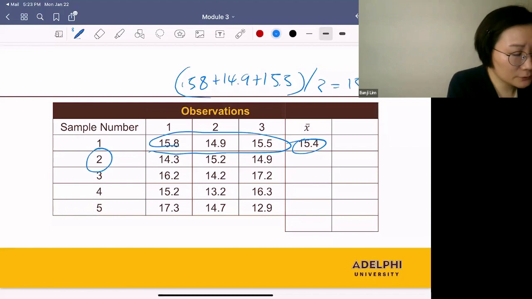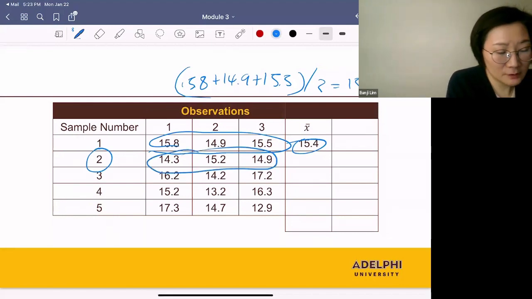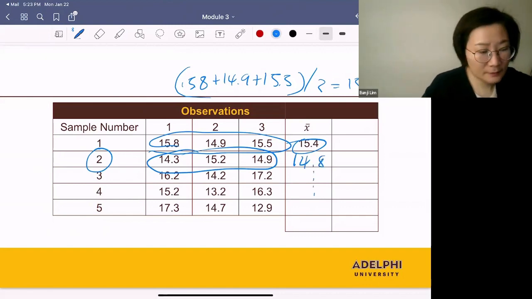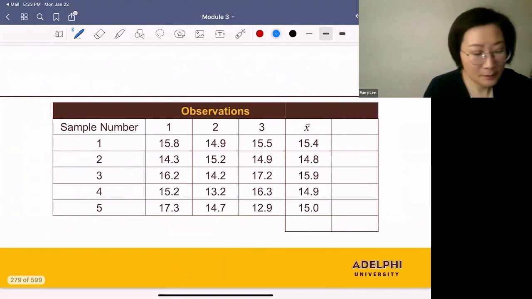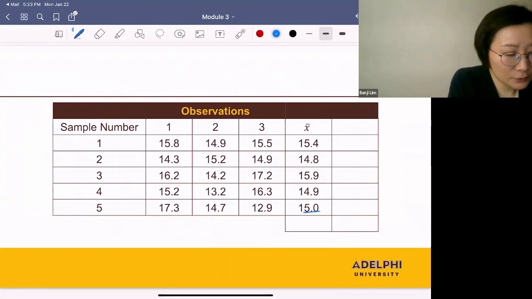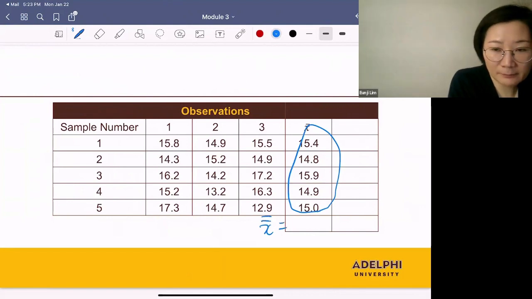For sample number 2, compute the average of these, that's the sample mean of the second sample. So we repeat this, and then we compute the average of all the sample means, that's X double bar. So add them up and divide by 5, we get 15.2.